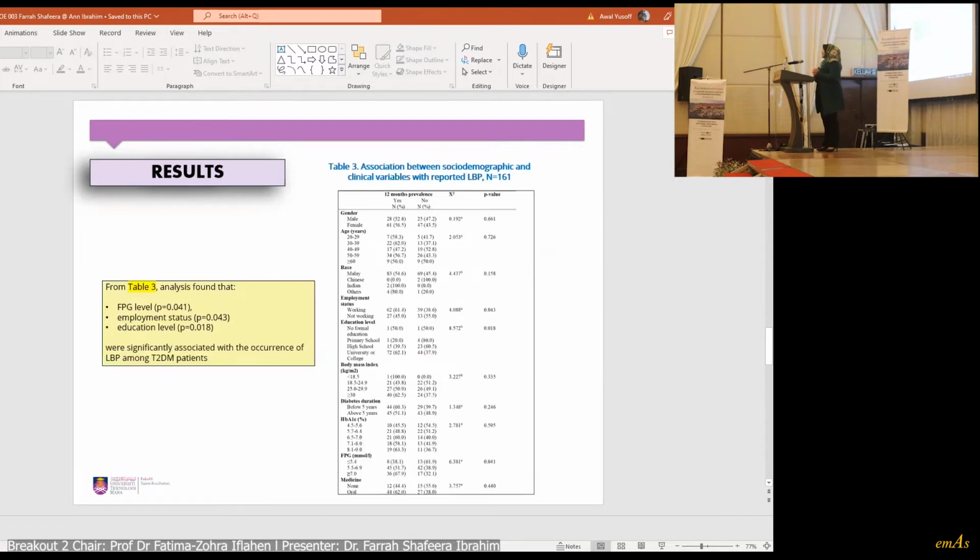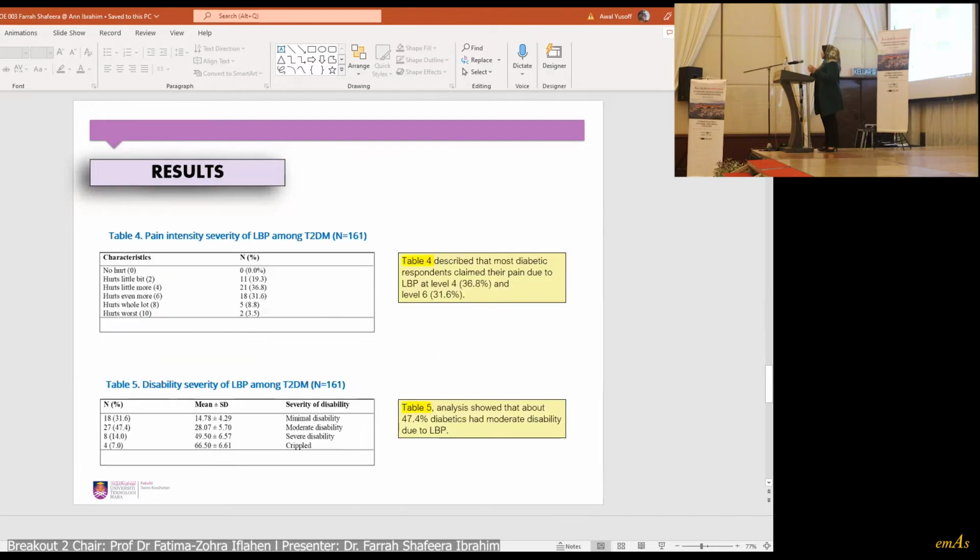Now, Table 3, ladies and gentlemen, is the association between the socio-demographic data and the condition, where we found that fasting blood glucose, number 1, employment status, number 2, and education level are significantly associated with the occurrence of low back pain in our community.